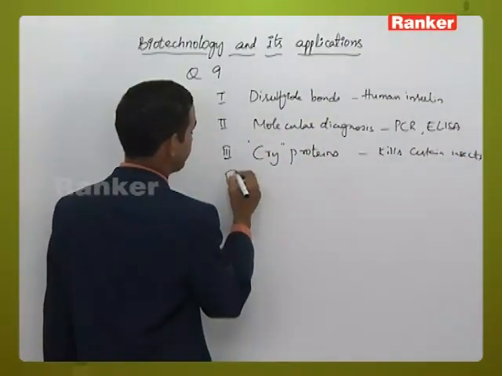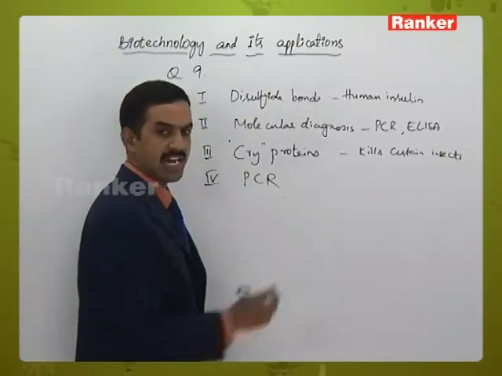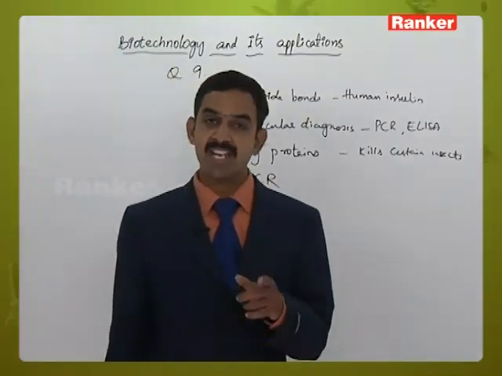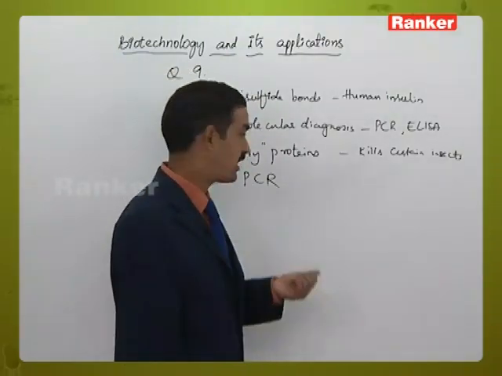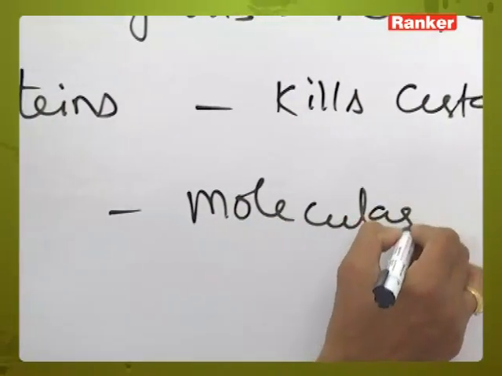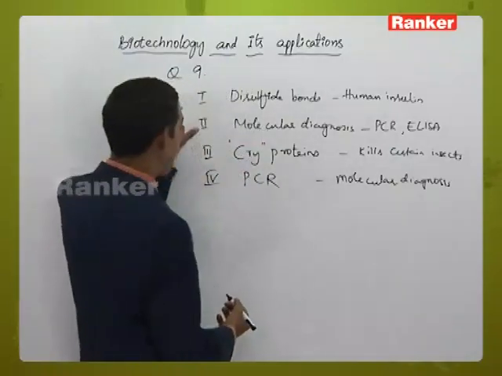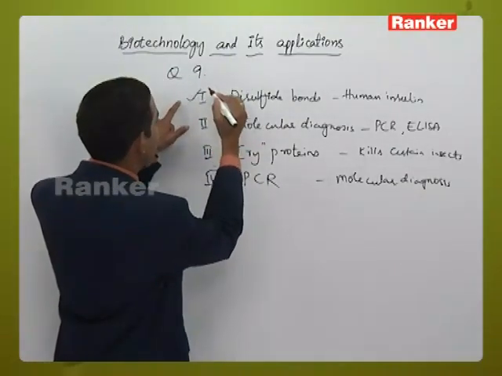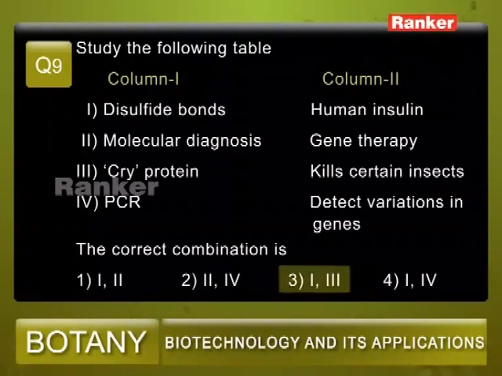Then the fourth one is PCR, polymerase chain reaction, detect variations in genes. So it is not related to detection of variations in genes, but it is useful for the molecular diagnosis, or we can say that early diagnosis of the diseases. So from these options we can say that the first combination is correct and the third combination is correct. So question number 9, the correct answer is 3.